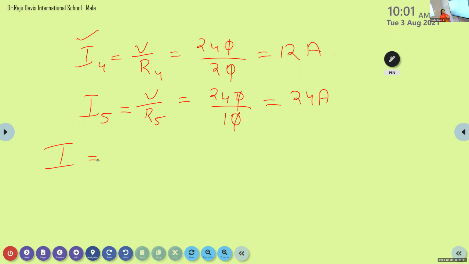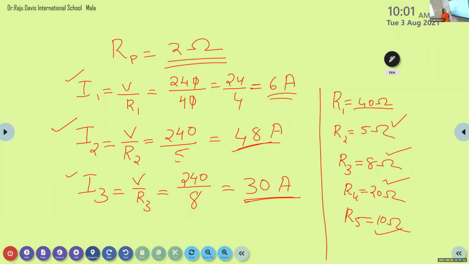Here we have 5 different currents flowing through 5 different resistors. Then how can we calculate the total current? R1 plus R2 plus R3, that is the series combination. Here we are discussing the parallel combination and I am not asking about the resistance. What about the total current?